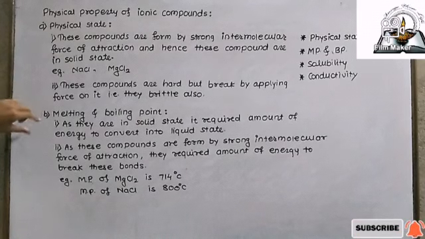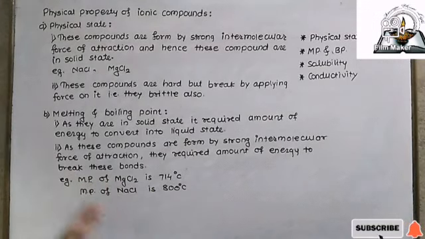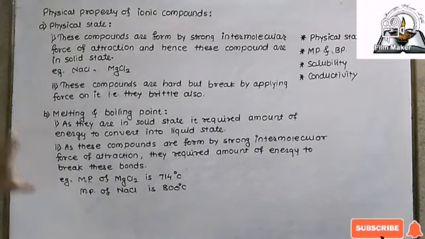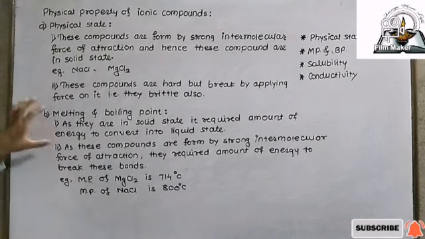Since these compounds are formed by strong intermolecular force of attractions, they require an amount of energy to break this bond, and hence their melting and boiling points are very high.